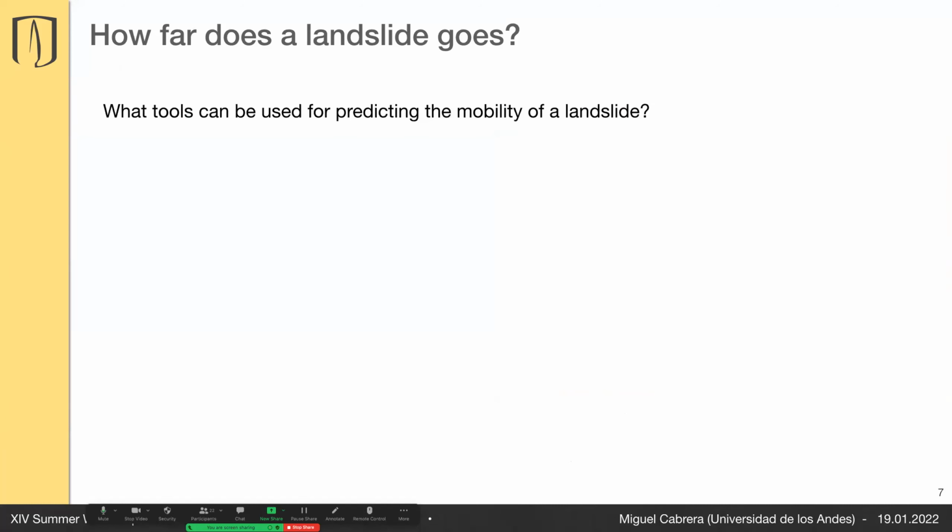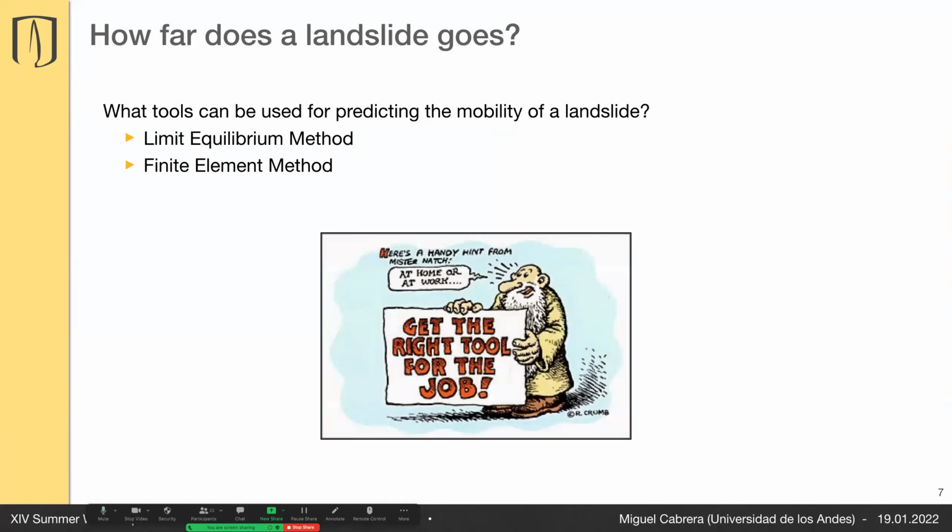So usually as engineers, or in general, what we have to understand is the mobility of landslides, and we have very not practical tools like limit equilibrium and finite element methods. And these tools are not able to predict this mobility just because they are focused on understanding whether or not a landslide will occur.